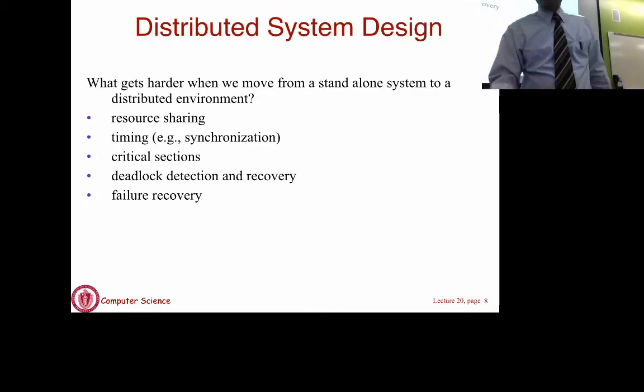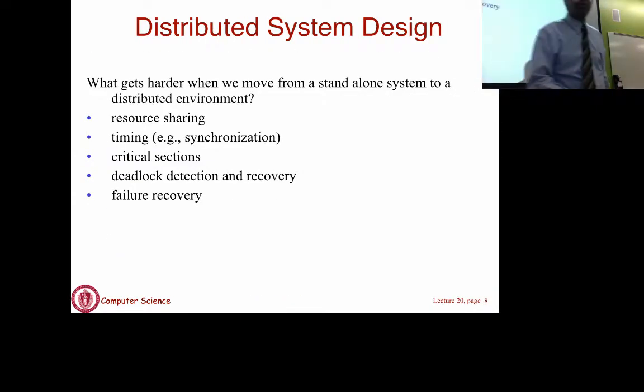Okay, and before we talk about networking, I'm going to say a little bit about what things get harder from an operating system standpoint. So all of the synchronization stuff that we talked about becomes a lot more complicated. You still need locks, you still need to detect deadlocks, you still need to do synchronization, but now this is not across processes or threads on the same machine.